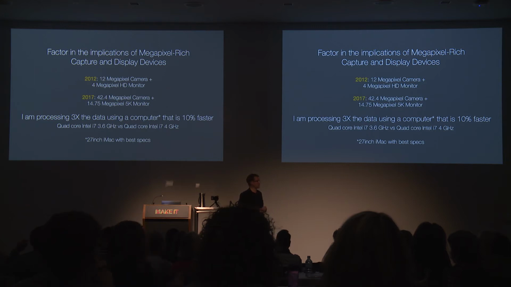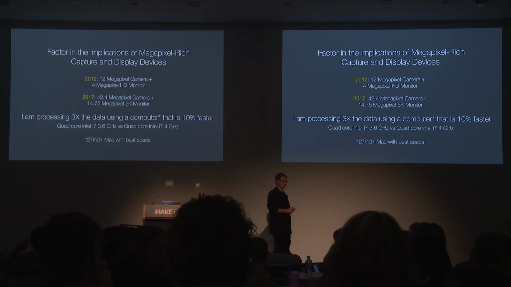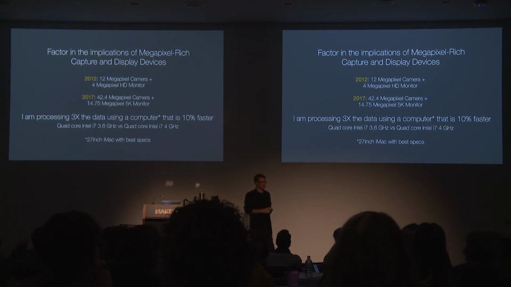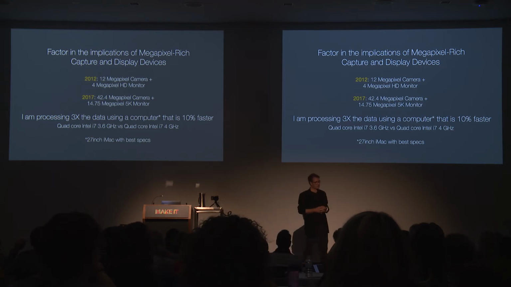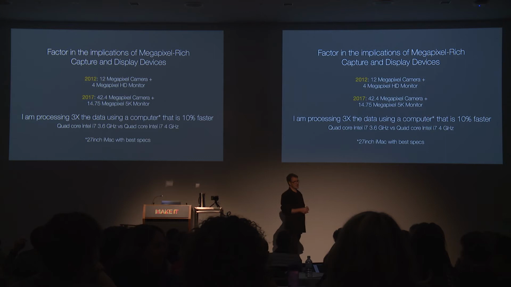There's a popular misconception amongst photographers that Lightroom is getting slower. And I thought about this for a while, and I've held this belief for a very long time, that often what we're asking of our computers is we're expecting our computers to do more than we used to do. So I rolled the clock back 5 years for myself, and in 2012 I was using a Nikon D700 with 12 megapixels, and I was outputting those images on screen that I was editing with using a 4 megapixel HD, which was considered high resolution at the time.